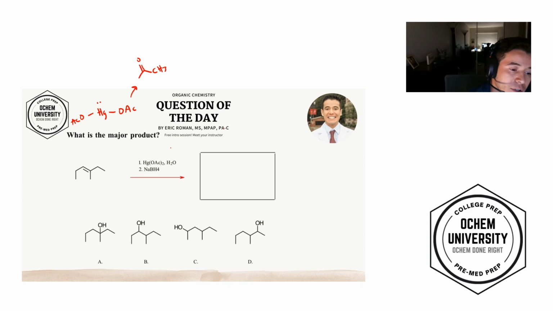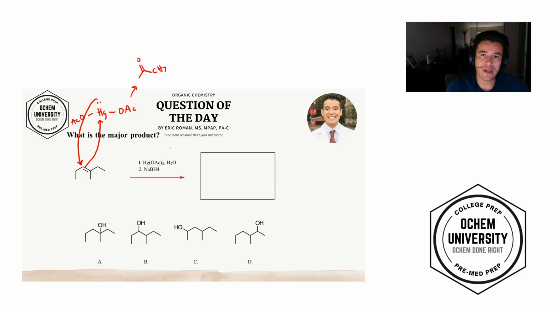So as the alkene reaches out and hits the mercury, we're also going to have the lone pair reach out and hit the other side of the adjacent carbon. And why do you think that might be important? Well, because we want to prevent a rearrangement event. Now, granted, for this problem, we're not going to have any type of rearrangement, and even if it was a different problem, anytime you're dealing with an alkene and Hg(OAc)2, oxymercuration, demercuration, we're definitely not concerned for any type of rearrangement event to happen.